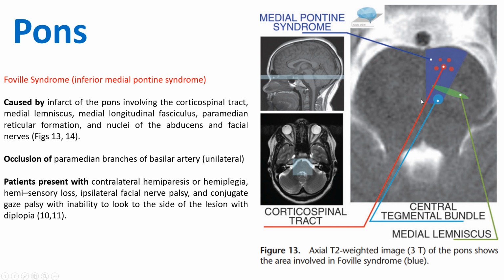It is due to affection of the paramedian branches of the basilar artery in a unilateral manner, because if it is bilateral, it will be the second syndrome, which is called the locked-in syndrome.